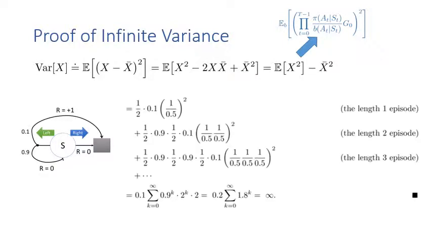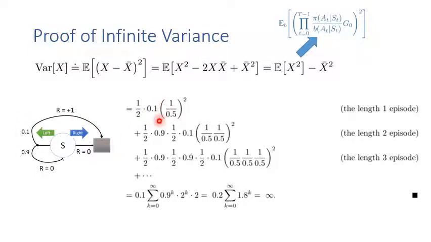So let's start calculating. Suppose we go left half of the time, so we have 0.5 probability to go left. We go left and we first reach the terminal state and get the reward. We have a 0.1 probability to get the reward.